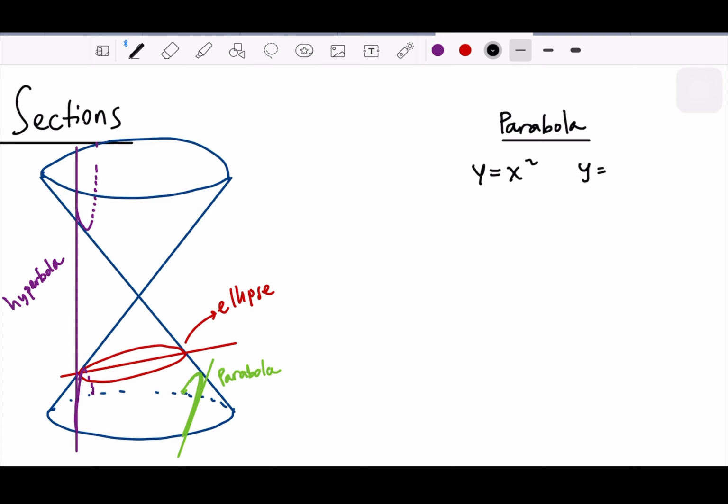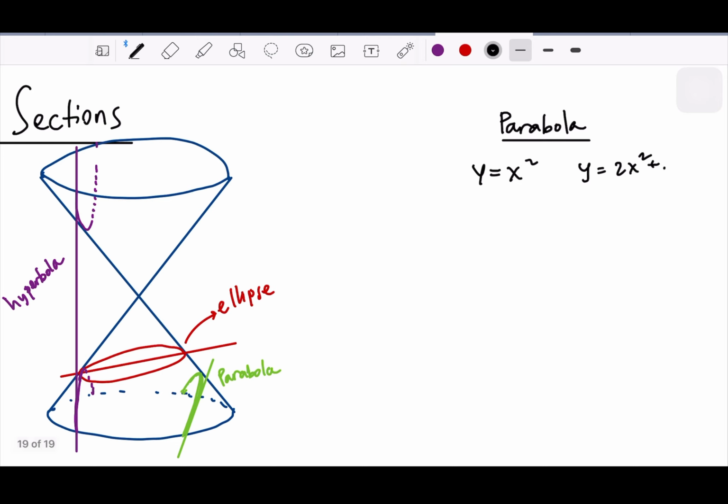Or y equals 2x squared plus something, it's still a parabola. We say it's a parabola. But before we get this equation, how do we define a parabola? We must have some set of fixed definitions at the beginning to know what the shape of a parabola is.